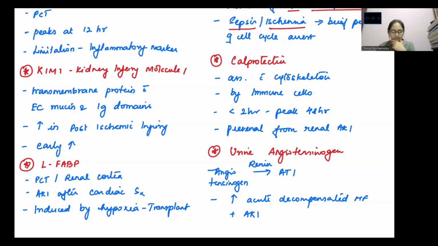It is increased in acute decompensated heart failure associated acute kidney injury. So when acute kidney injury is due to decompensated heart failure, in those cases you find this to be elevated in the urine. So this is one thing.